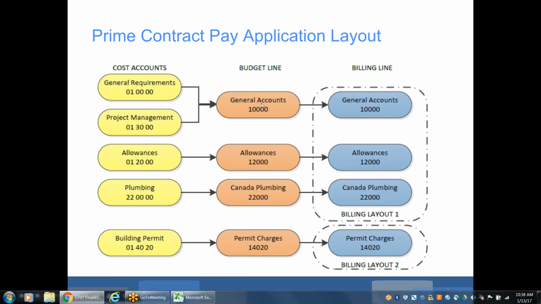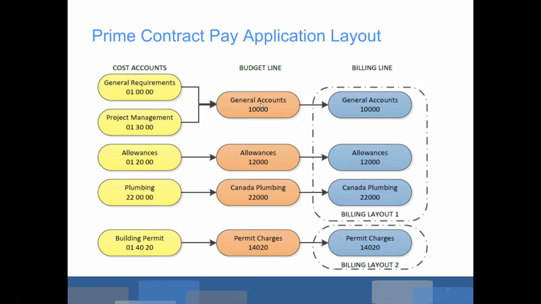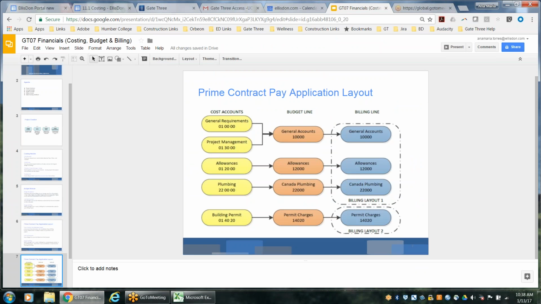So we get calls from maybe the superintendent who's trying to create the time card for their hourly staff, and when they go in and create it, it tells them that there's no budget line for that cost account. So please ensure that when you import your budget lines, you immediately start linking them back to the cost accounts and then clicking on save, because that's one of the most common things that occurs.